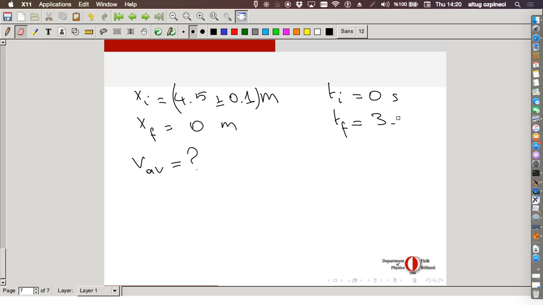What's the uncertainty in time? 0.2. Let's do it like this then. Okay, what's his velocity? More or less. I mean, we don't really care about exact values, at least during the lecture.